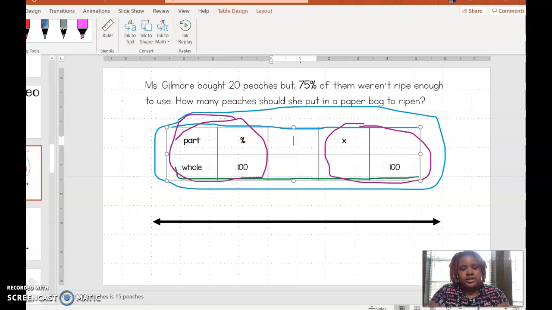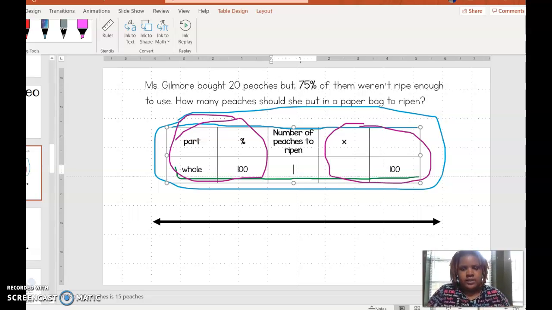We don't know, but we're going to label it so we have our information all together in one table. I'm going to say this is the number of peaches to ripen. And the whole is how many peaches Miss Gilmore bought in total, so I'm going to call this total number of peaches.